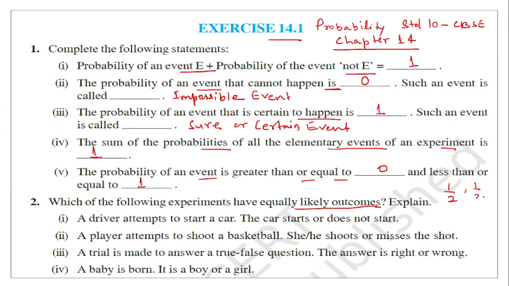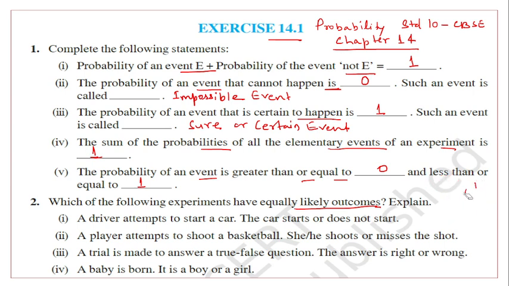Happening and not happening of an event both have the same probability. That type of events are called equally likely events.